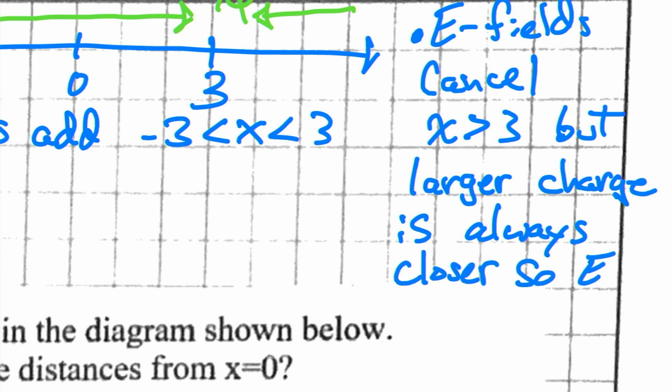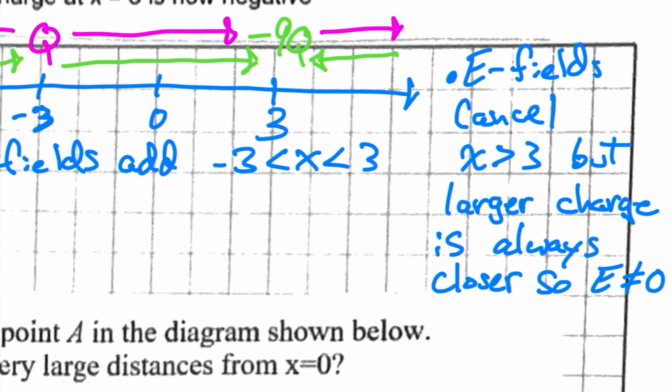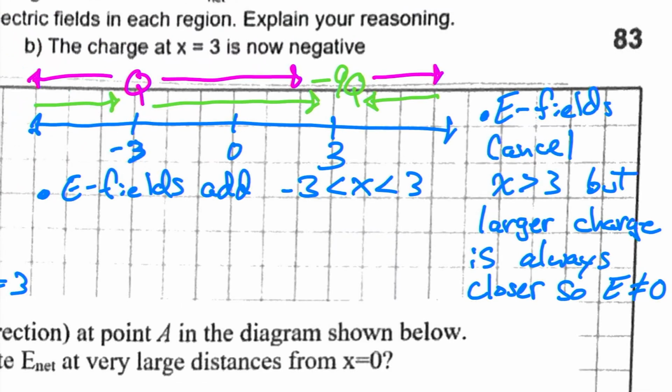So E cannot equal 0 in that region, which leaves us only the region on the left of -3.